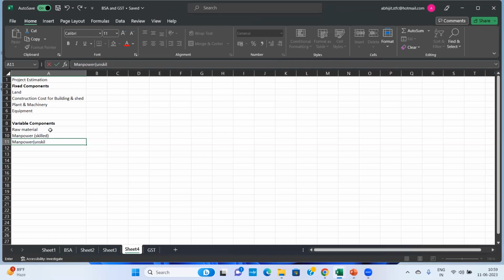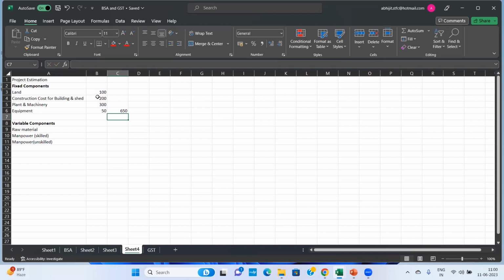And there is unskilled. Now this is a capex, say something around 100, 200, 350. Now this is a capex which at one time I have to shell out. These figures are arbitrary, just for example.